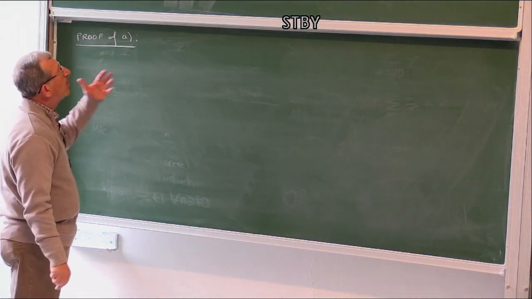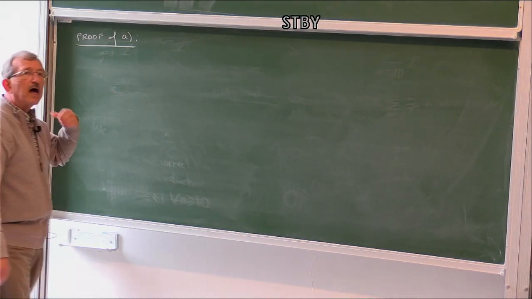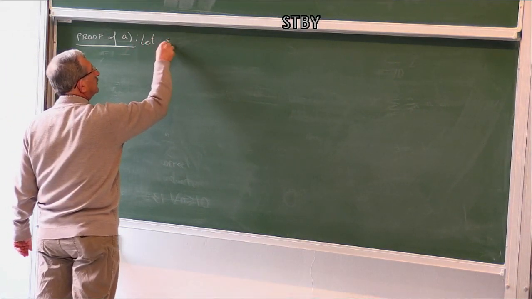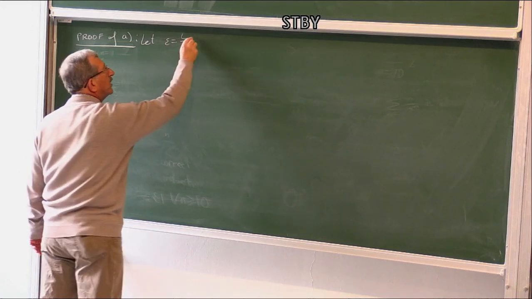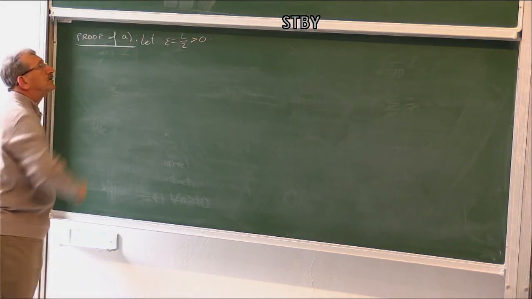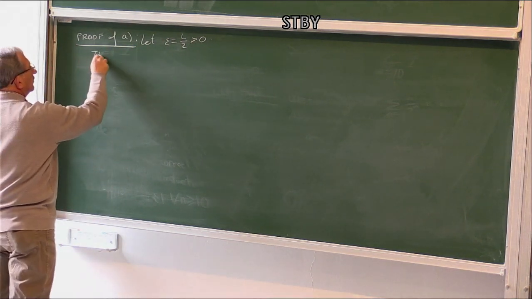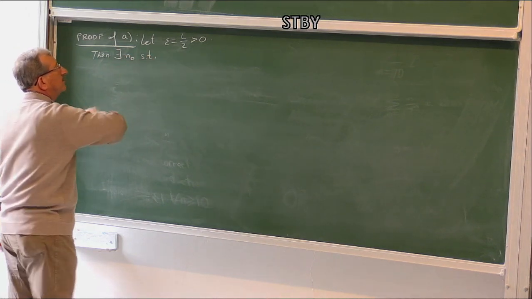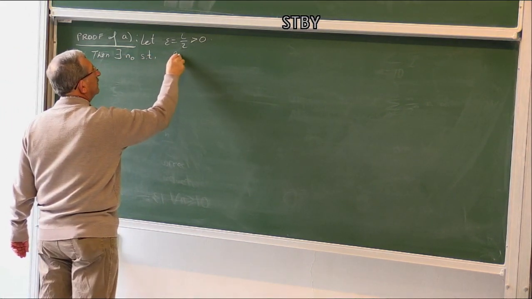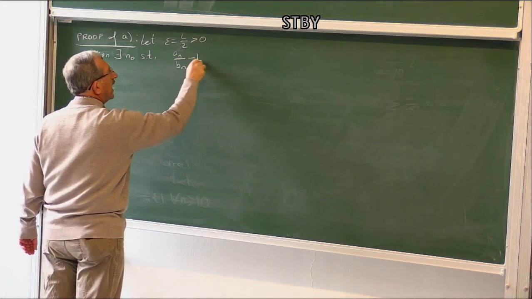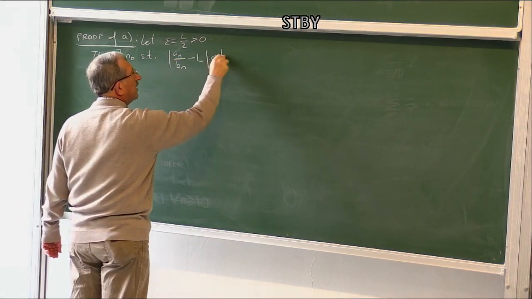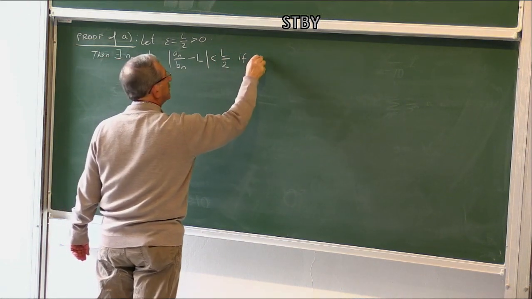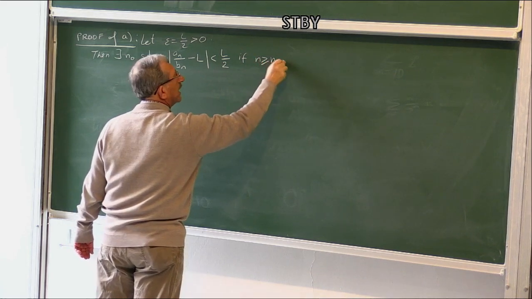Well, L is a positive number. An over Bn has the limit L. So, okay, let epsilon be L over 2. It's a positive number because L is positive. Then there exists an N0 such that An over Bn minus L is less than epsilon if n is greater than this N0.